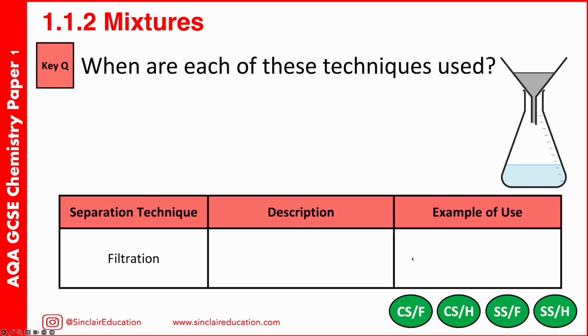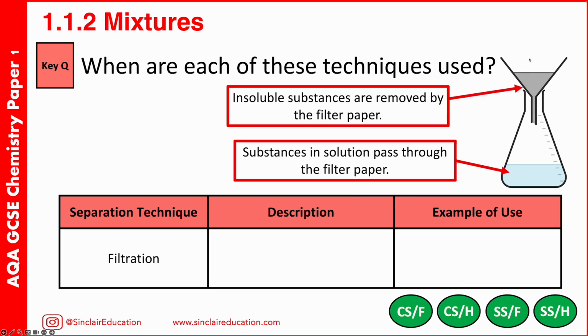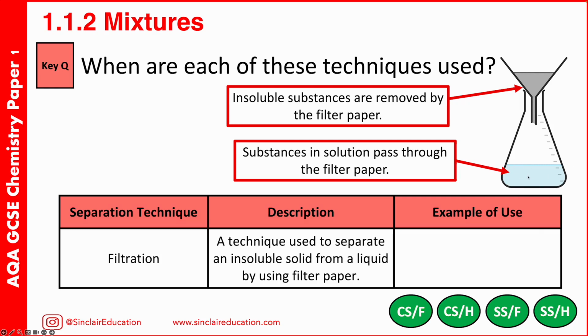So with filtration, this method is going to be used where we pass a substance through a piece of filter paper. The idea is that the insoluble substances are removed and trapped by the filter paper, and we'll call this a residue, while anything that's soluble, dissolved in the solvent, will pass through below into, in this case, a conical flask.